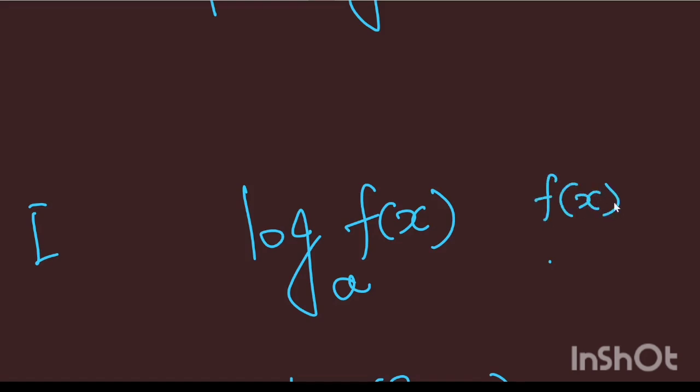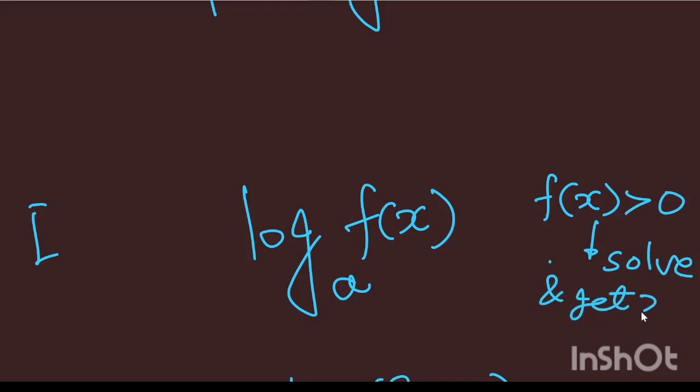Therefore f(x) greater than 0. If you solve and get x, that x would be the domain. For log f(x) base a, we will impose this constraint and solve it and get x, that would be called the domain. So f(x) should be positive.